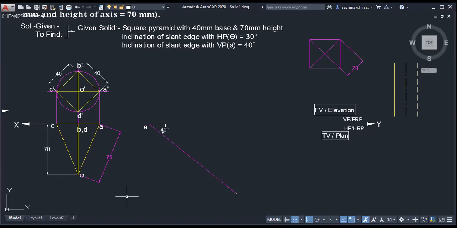75 is also correct. So mark that much distance. You can take it in the compass. Mark a point. Which point are you going to mark?